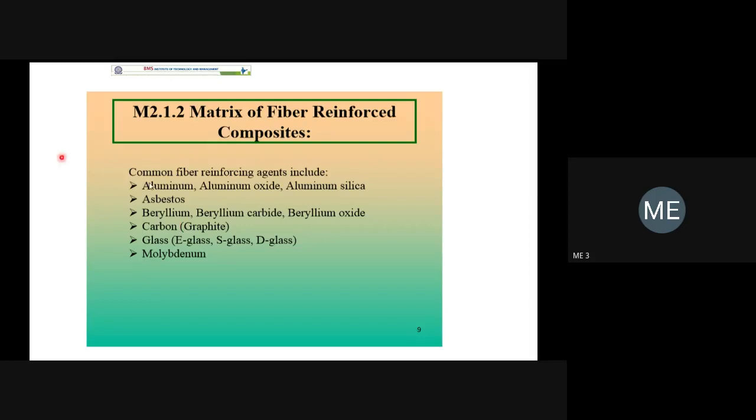Common fiber reinforcing agents include aluminum, alumina, silica, beryllium; those are the different fiber materials, especially glass. Carbon is one example, and glass is one more example. Within glass there is E-glass, electrical grade glass, and high strength glass. So there are different types of glasses, but most of the time you can just say glass fiber.